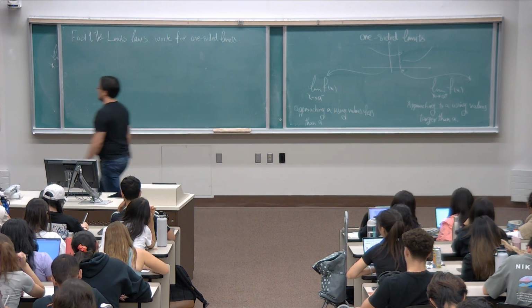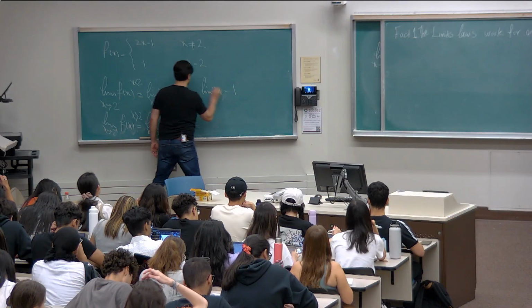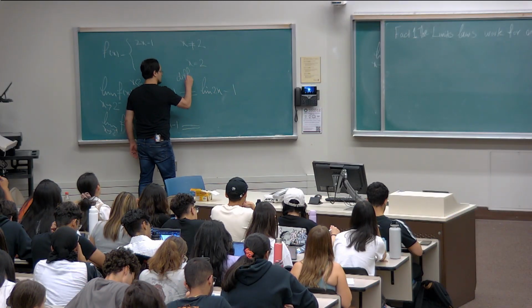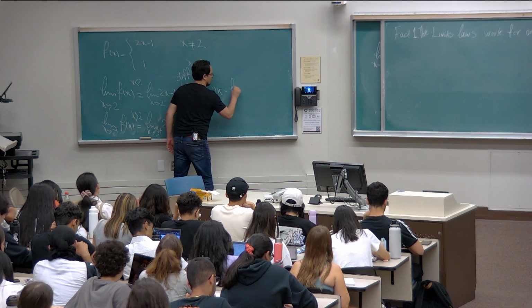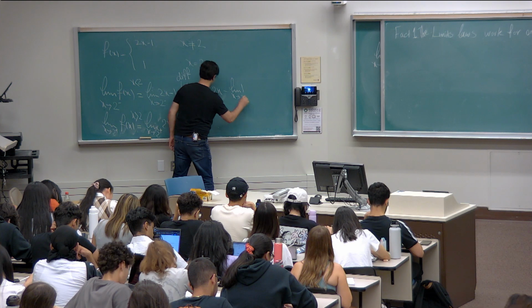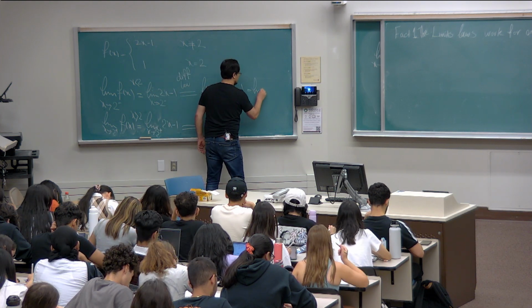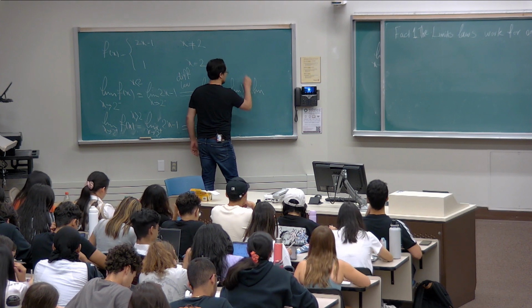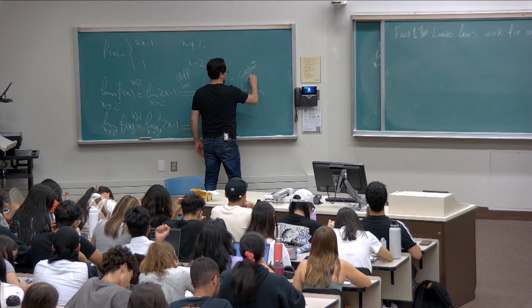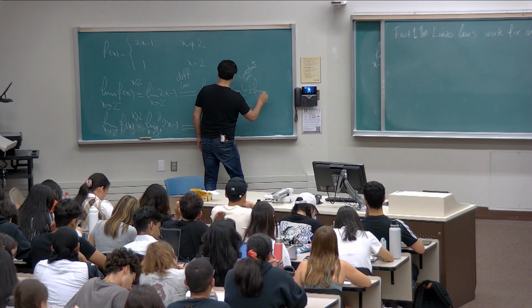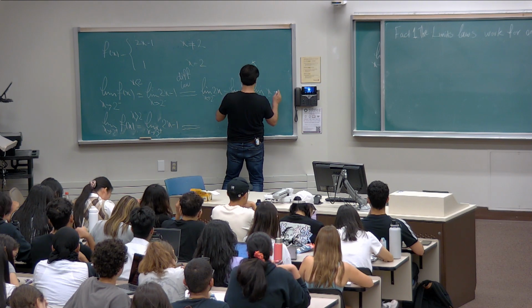In other words, here I can write the limit of 2x minus 1, difference or subtraction law, as x approaches 2 from the negative side, and the limit, this is constant multiple law, as x approaches 2 from the left of x, minus the limit of 1.